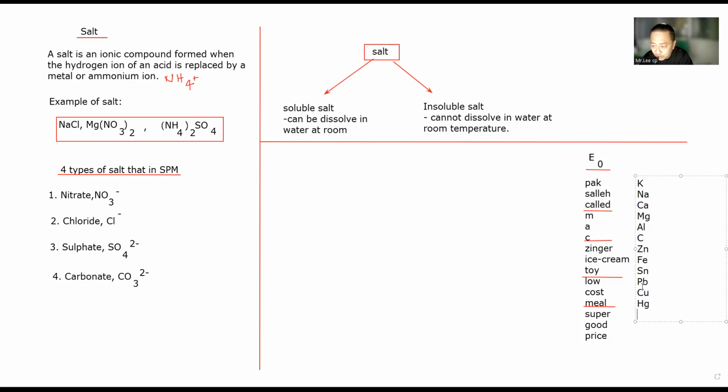And then super good price: silver is argentum, Ag. Good is gold, Au. Price is platinum, Pt. If you can, go and memorize this, it will be helpful when you go to Form 5 or higher level. Did you learn this before in Form 3?